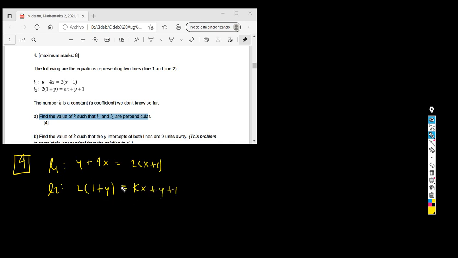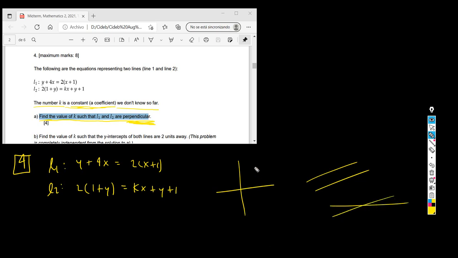Okay, so these are two lines, and I tell you the number k is a constant or a coefficient we don't know so far, and I want you to find the value of k such that L1 and L2 are perpendicular. So lines, as we know, they can be either perpendicular or parallel or neither. Okay, this is perpendicular, parallel, and this is neither.